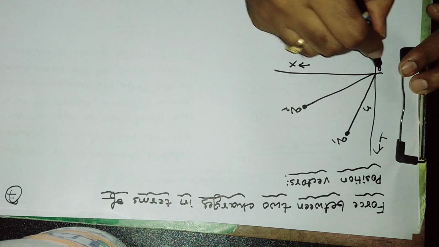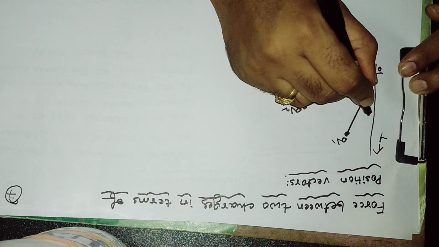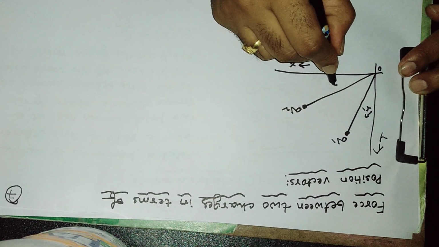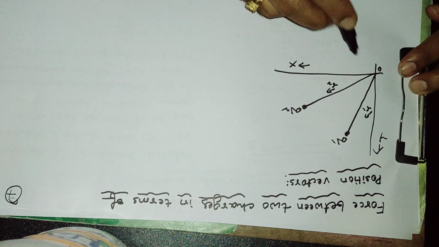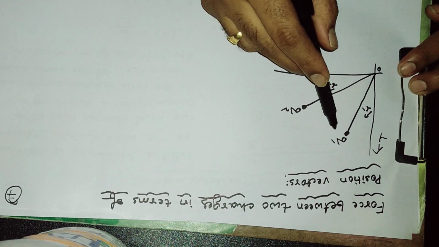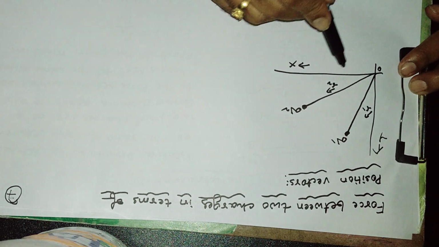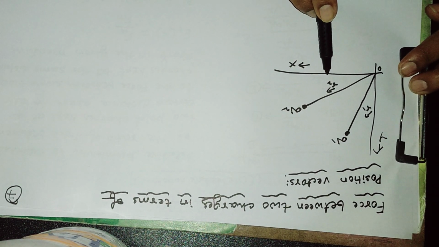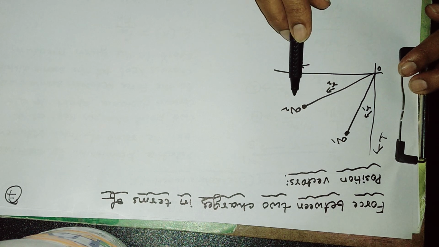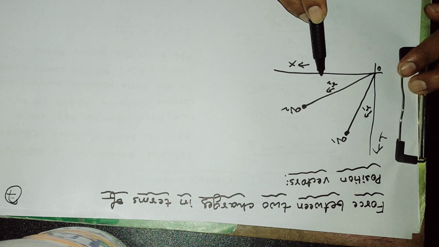The y-axis, this is the origin. This is one position vector, vector r1. This is another position vector, vector r2. Vector r1 represents the position of the charge q1 in this coordinate system, and vector r2 represents the position of this charge q2 in this coordinate system.